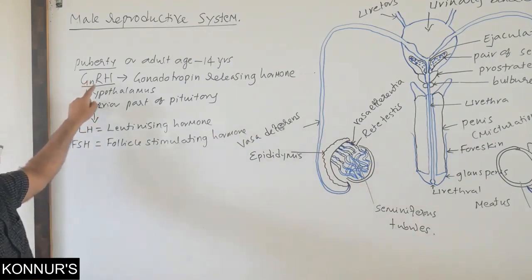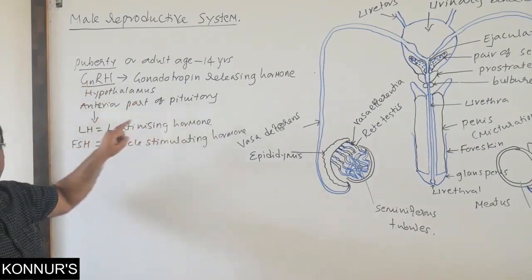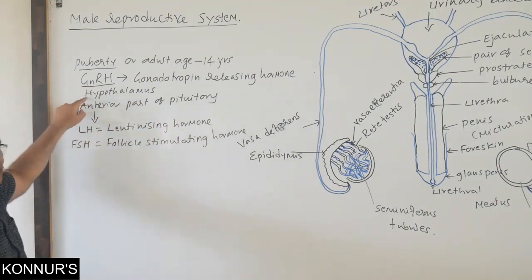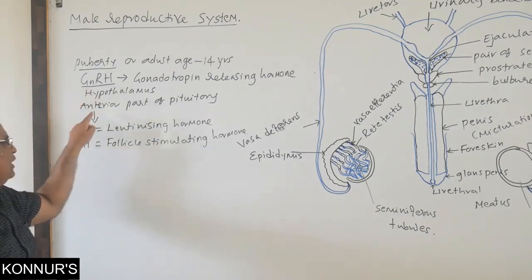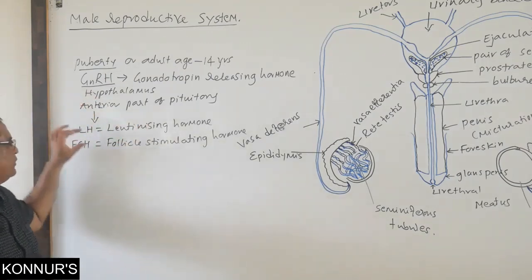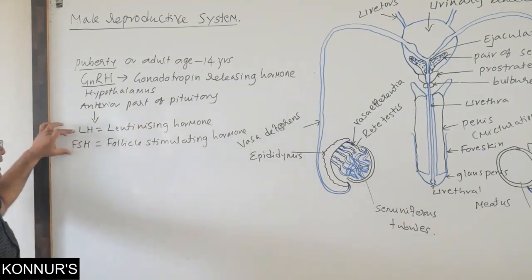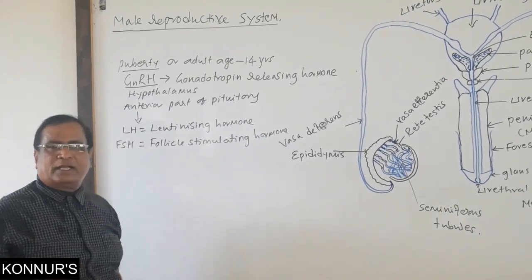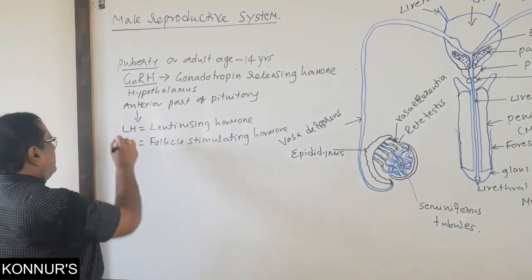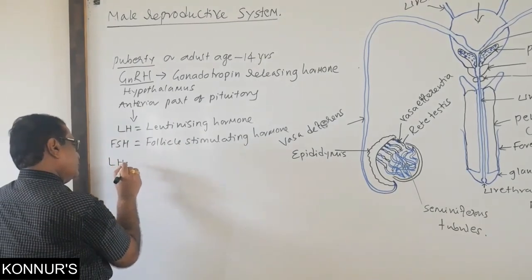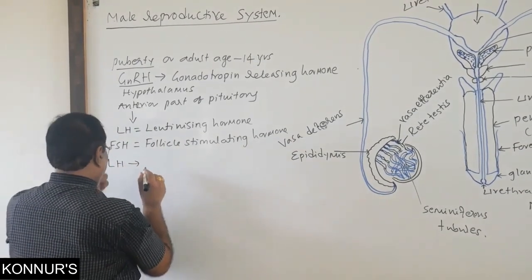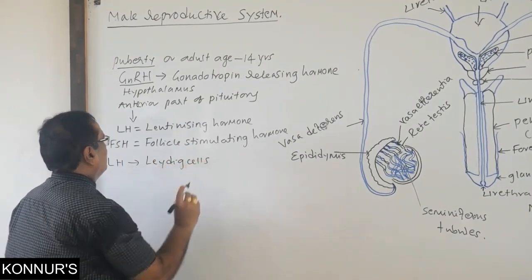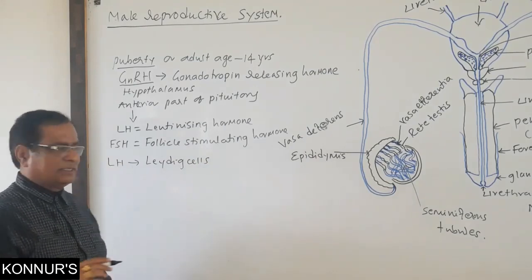By the stimulation of gonadotropin releasing hormone produced by the hypothalamus, the anterior pituitary produces LH, luteinizing hormone, and FSH, follicle stimulating hormone. This LH stimulates Leydig cells.